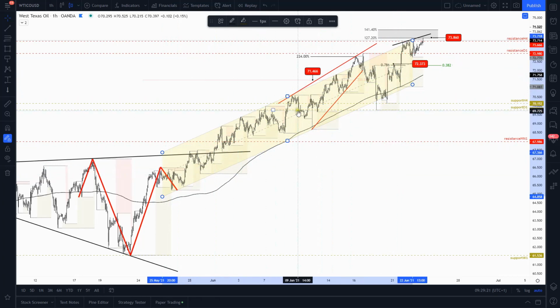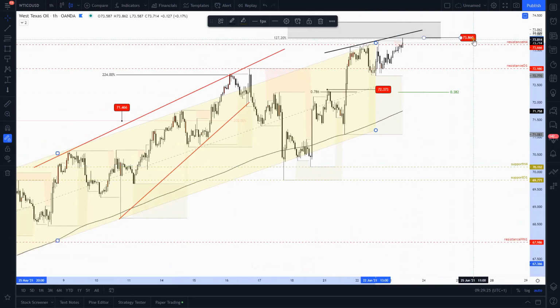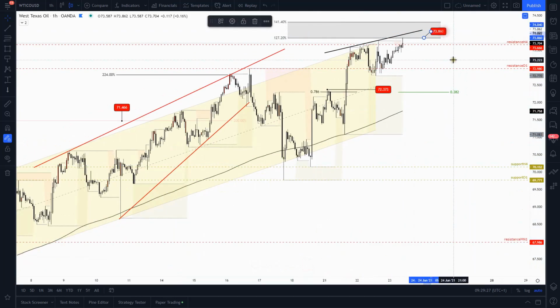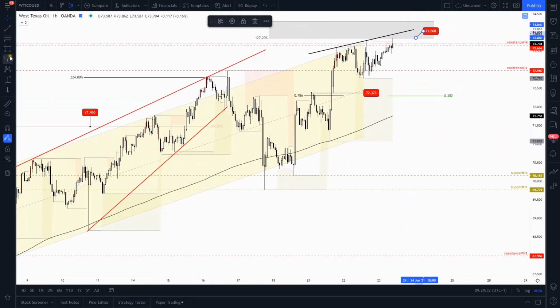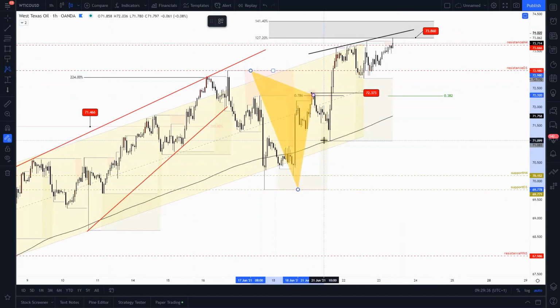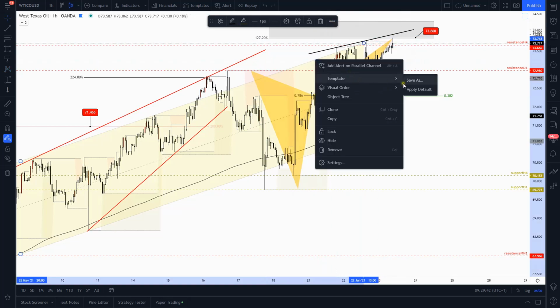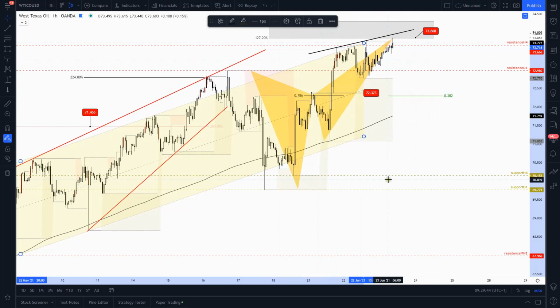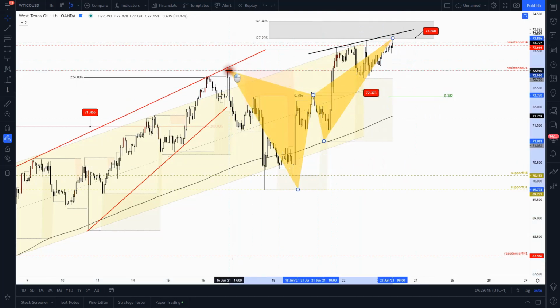So we're still trading inside that channel, but now, as we can see, we are facing 73.86. We are facing the bearish butterfly pattern on crude oil. Okay, so I will not be surprised to see crude oil starting to pull back a bit from this price zone.